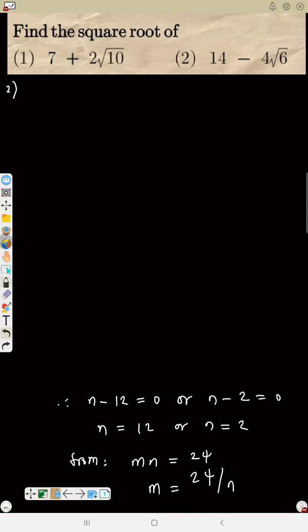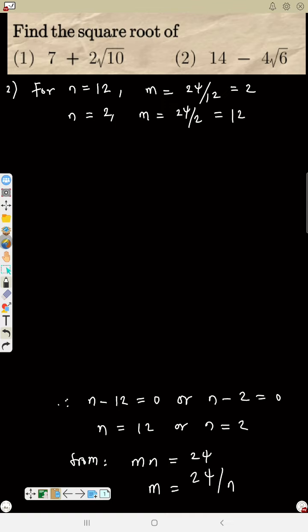So for n is equal to 12, m is equal to 24 over n. That will be 24 over 12, which is equal to 2. And for n is equal to 2, m is equal to 24 over 2, which is 12.